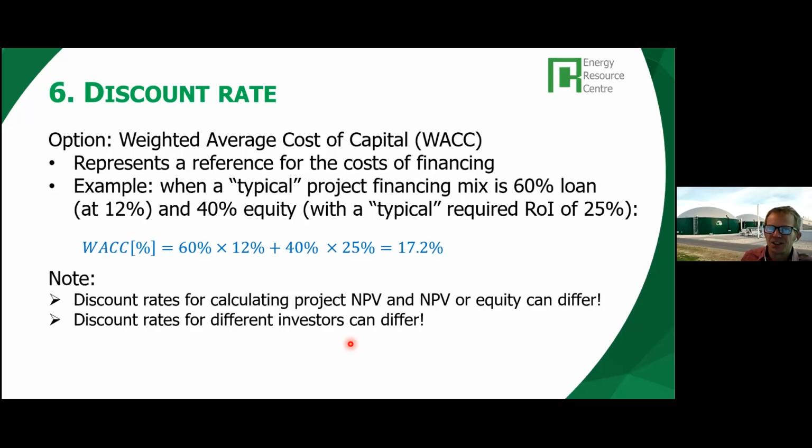That means that you could calculate your weighted average cost of capital on the basis of the required returns and the relative extent to which that source of capital is found in the financing mix.